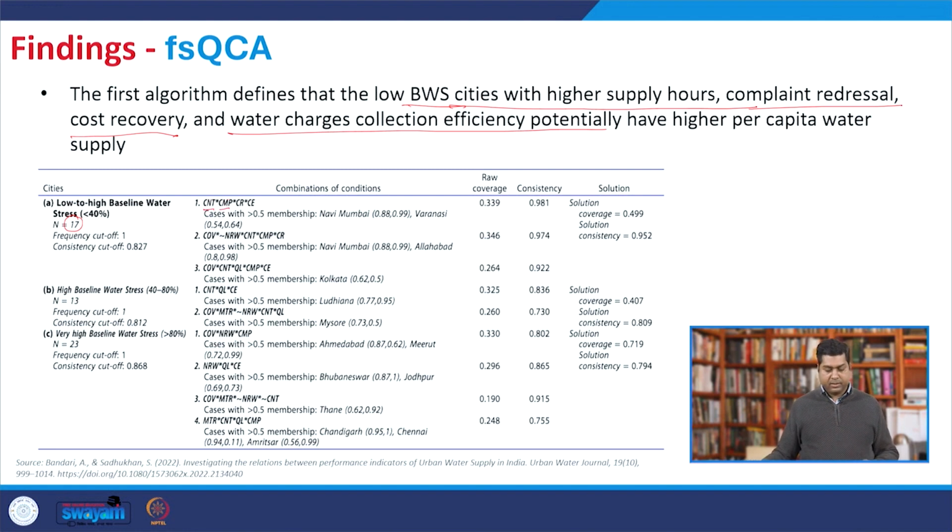then collection efficiency and all. There we have seen the case of the membership. A membership value is assigned higher than 0.5. We received Navi Mumbai and Varanasi, where the consistency value is 0.981.